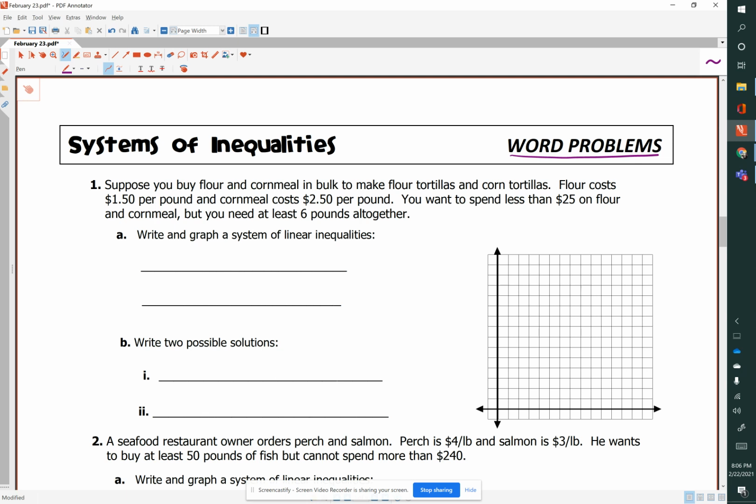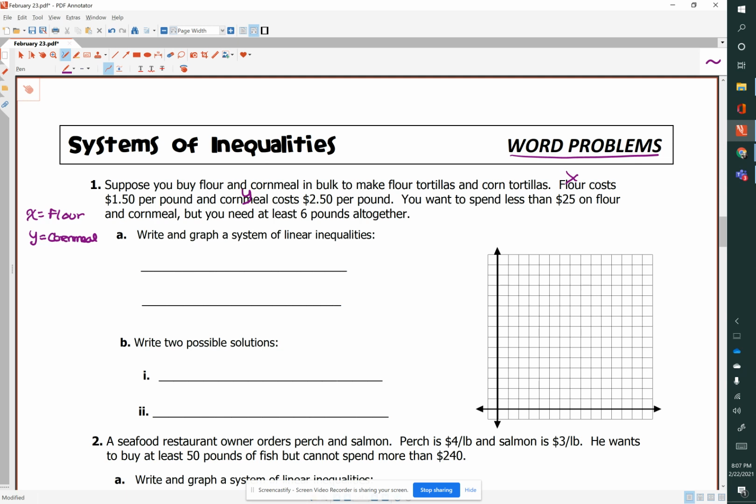You want to spend less than $25 on flour and cornmeal, but you need at least 6 pounds altogether. So we're going to let X equal flour. We're going to let Y equal the cornmeal. Okay, so flour is our X, cornmeal is our Y.